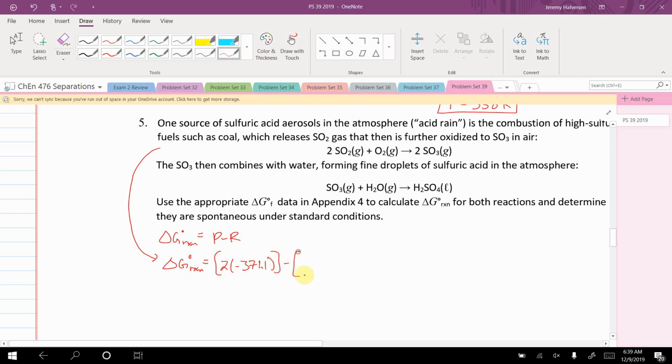So my products minus reactants is going to be 2 times that. For pure elements, delta G of formation is going to be 0.